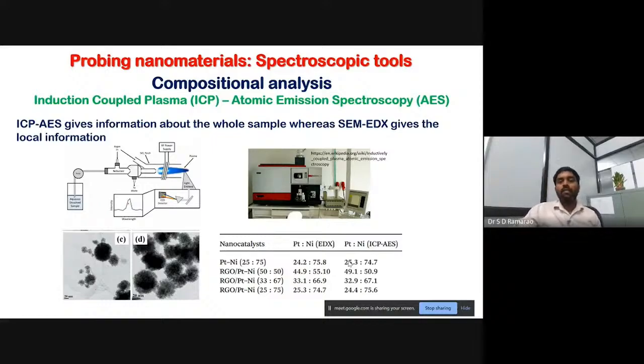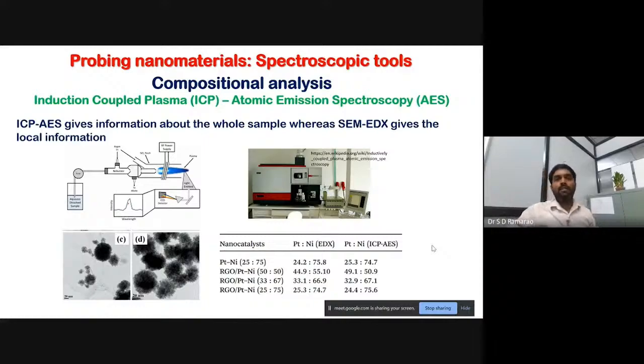Okay, so that is the information you can get from ICP-AES. You are using a spectroscopic technique to get what elements and how much composition is present in your prepared sample, which is very important.